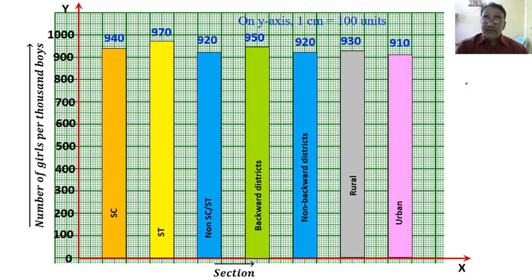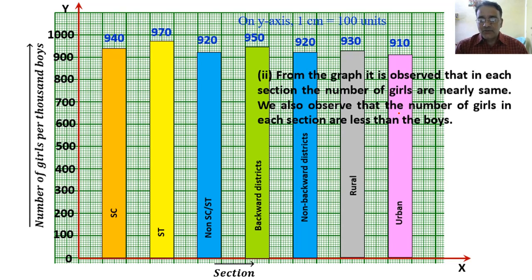Okay, and the number of girls in each section is less than the number of boys. Do you observe? Yes, sir. Because it is per 1000 boys. 940 means 1000 boys are there, 970 per 1000 boys. So what is our observation? That the number of girls in every section is less than the number of boys. So this is my conclusion.